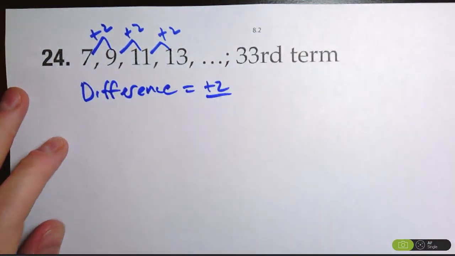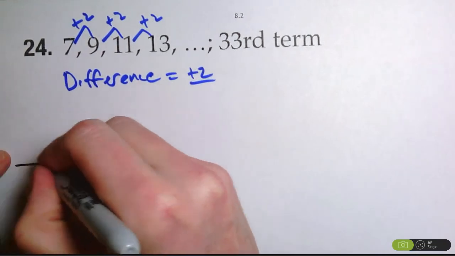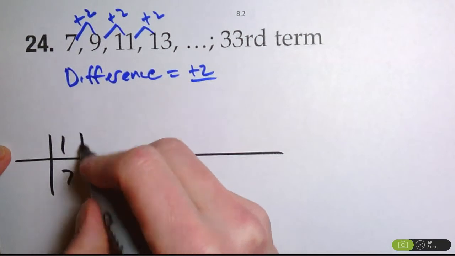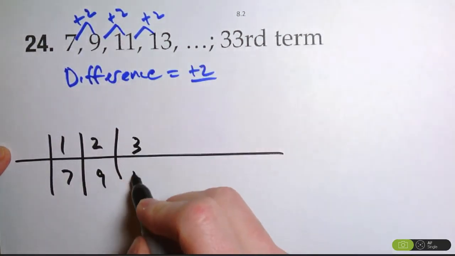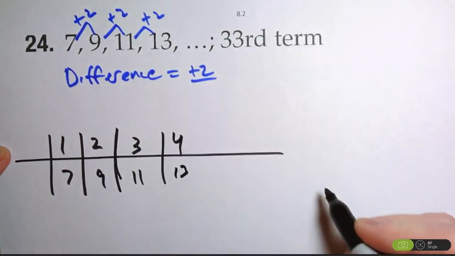Now, if I go back to that table, the first term is 7, the second term is 9, the third term is 11, the fourth term is 13, and so on.